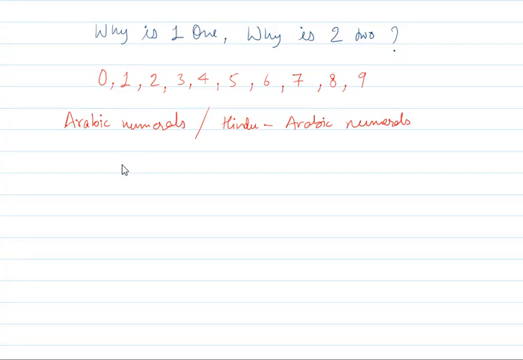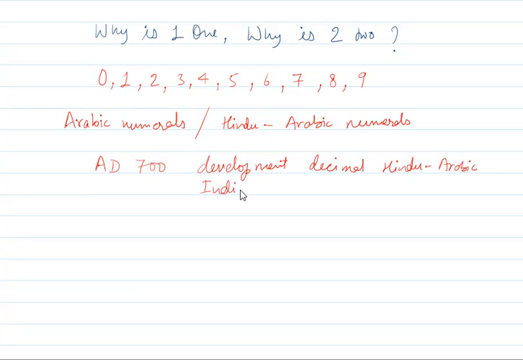This decimal Hindu Arabic numeral system was developed in India around AD 700, right? And then slowly the development was gradual, spanning several centuries.